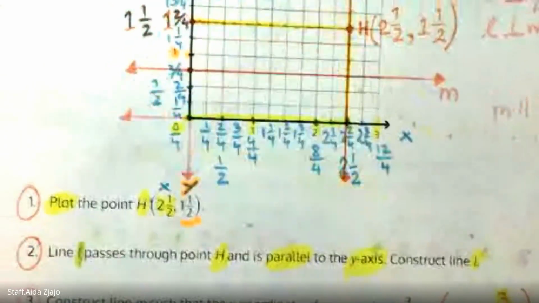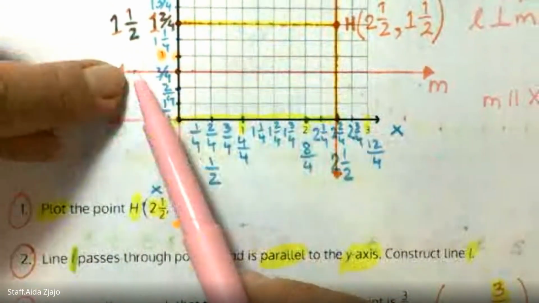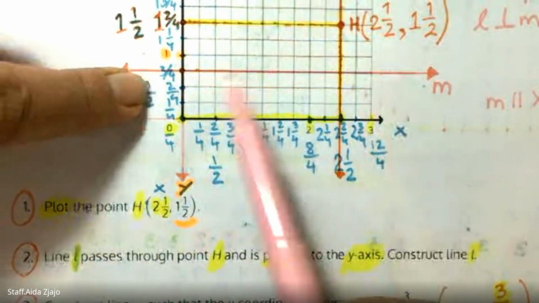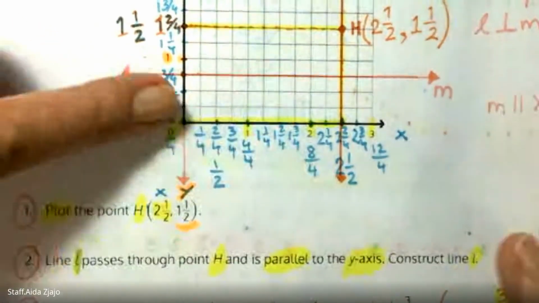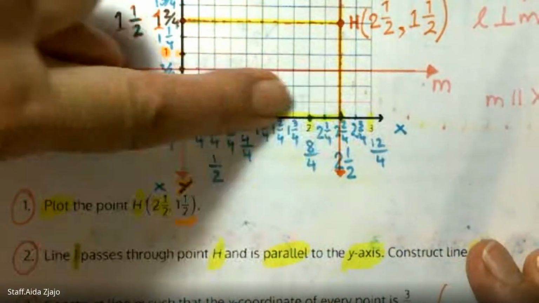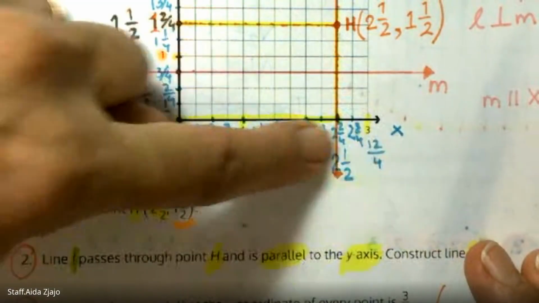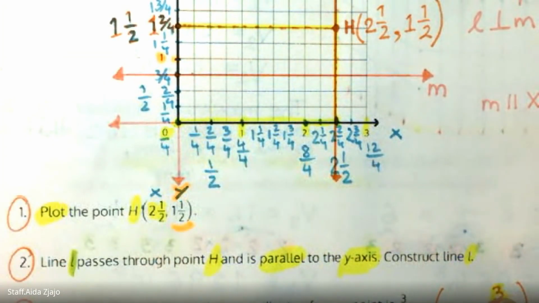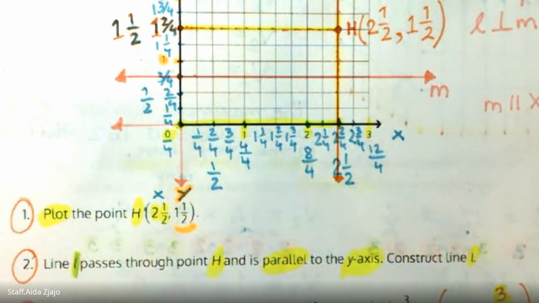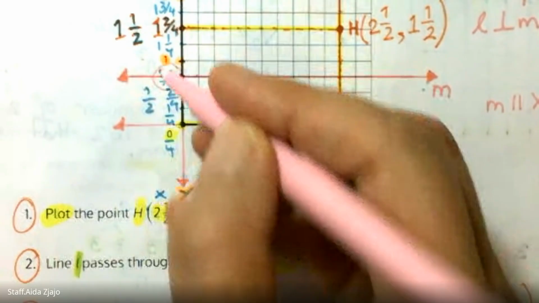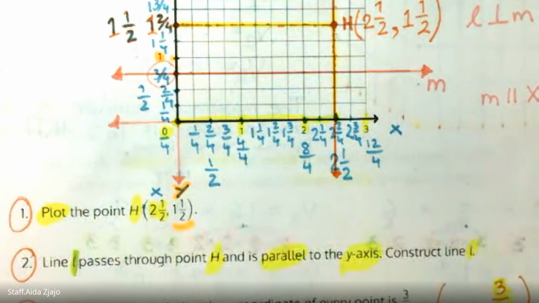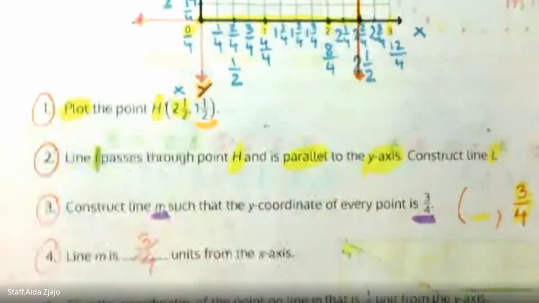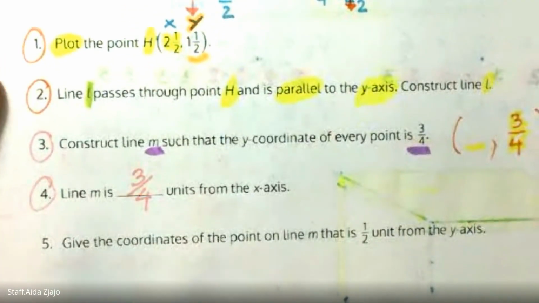If you look at this, line M is right here, and it's always 3/4, the same distance, from the x-axis. So that's the truth. It's always 3/4 distance from the x. We did 4. Now let's go to the next one.